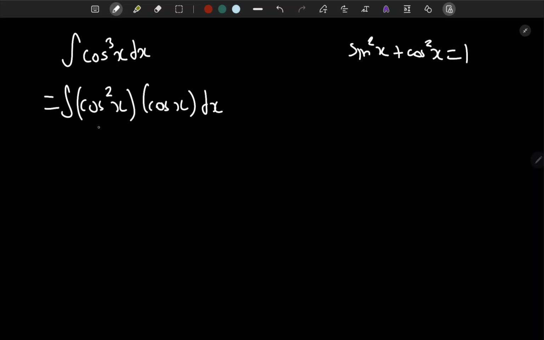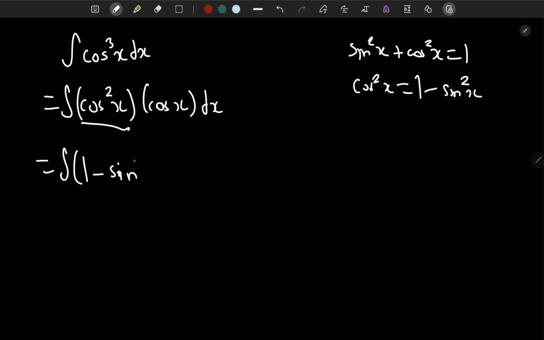So we need to replace cosine squared x by 1 minus sine squared x. You will see why I'm doing this. And the other thing is cosine x dx.